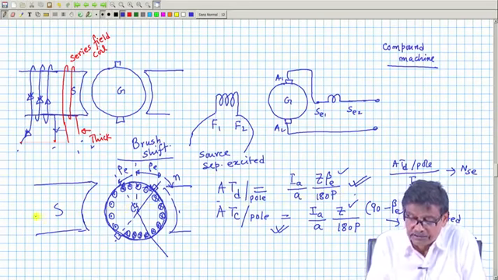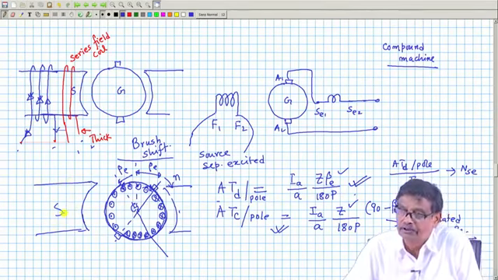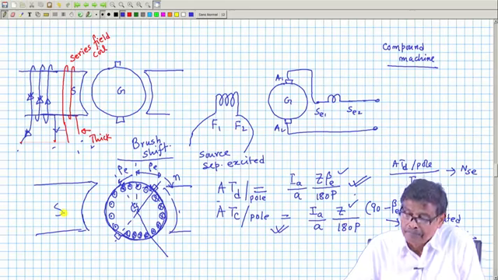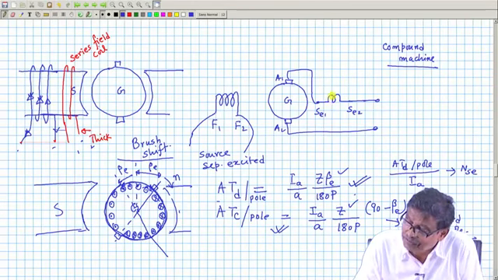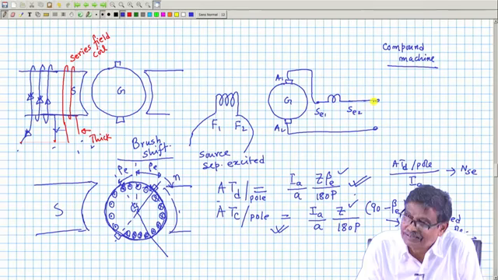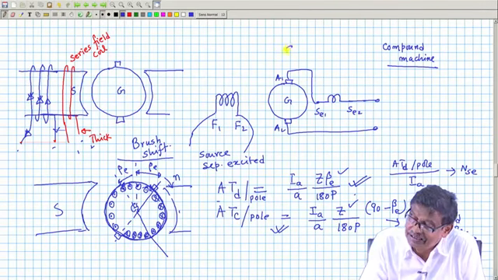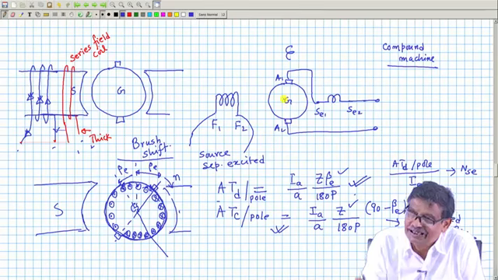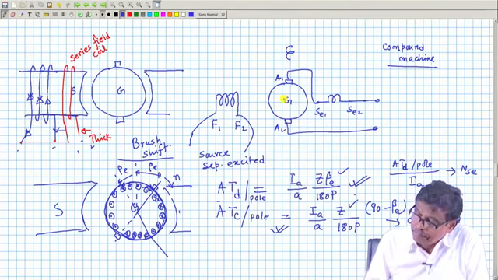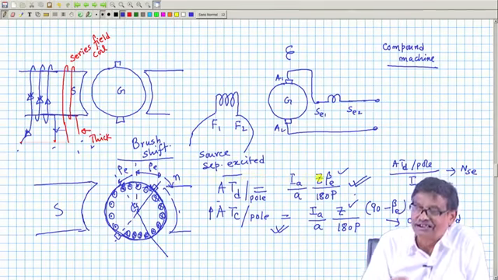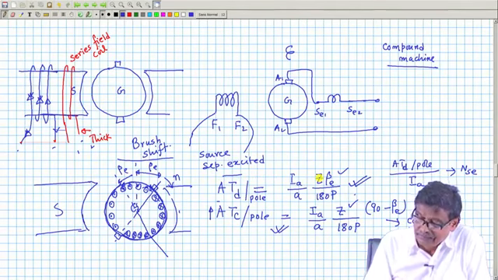This can be compensated by the series field coil. And see, that is why I have drawn the series field coil like this. The interpole coil I will draw like this, its axis is this. ATC always acts vertically, ATD always acts horizontally, demagnetizing.